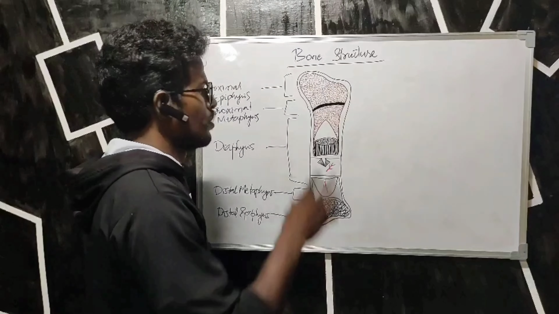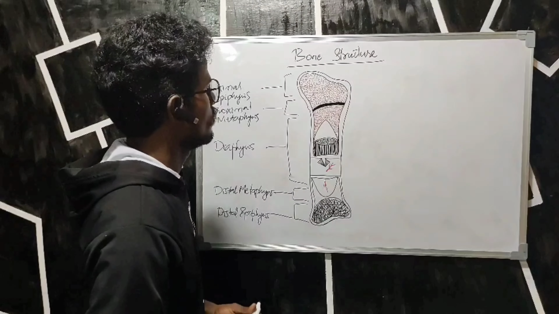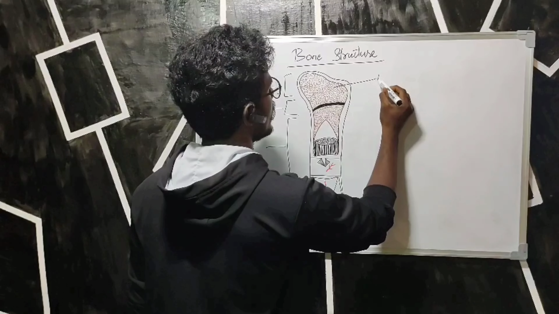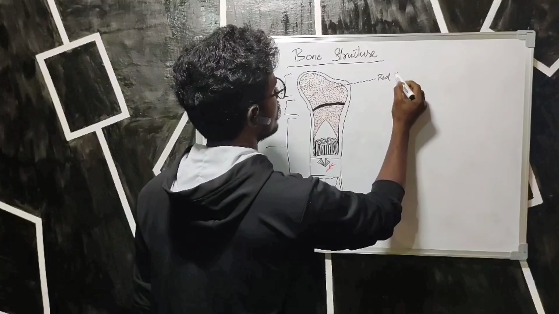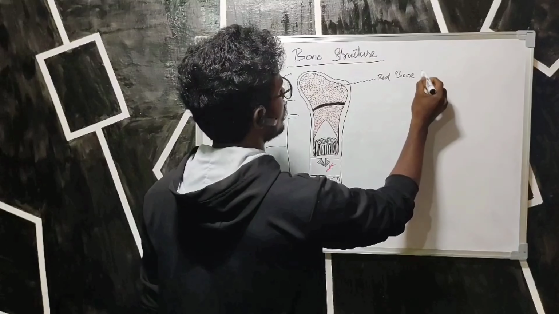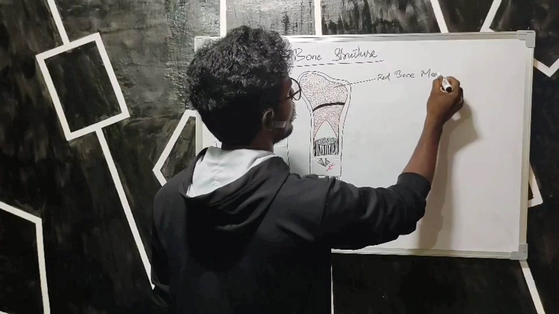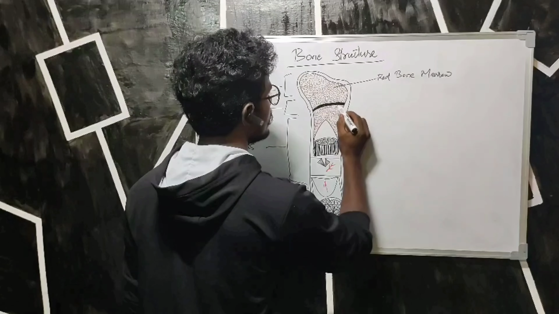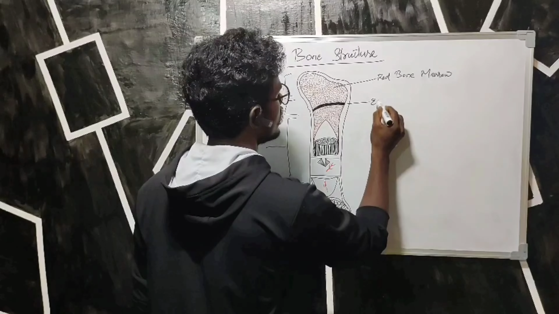So talking more about the structure of bone, this is red bone marrow, and this is the epiphyseal growth plate.